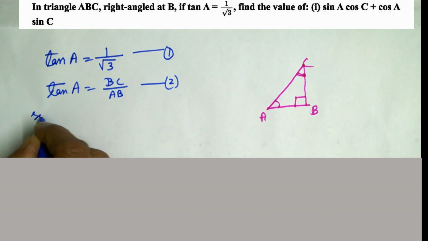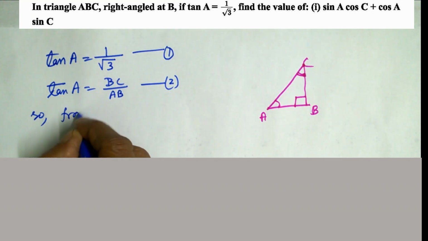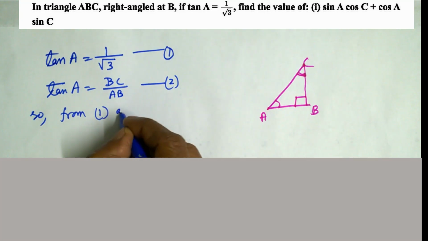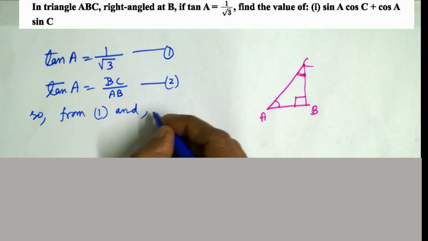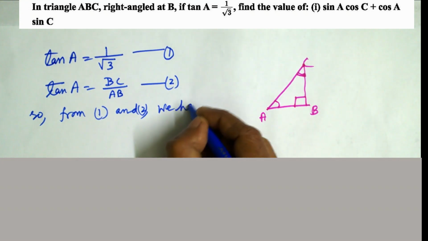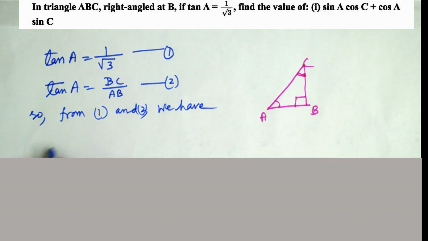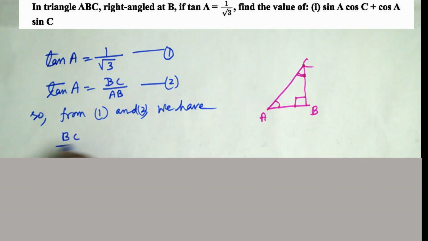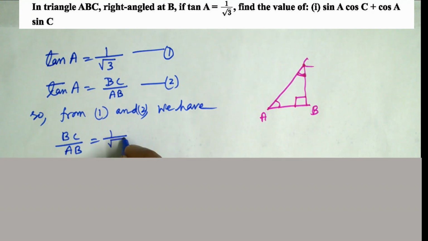So, from 1 and 2 we have BC by AB is equal to 1 by root 3.